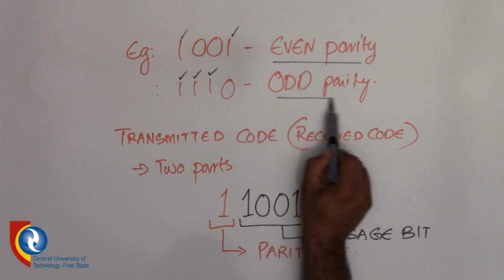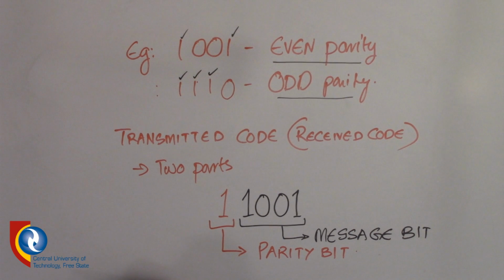Now, we spoke about transmitted code in the explanation of the Hamming code. The transmitted code or the received code has two parts. Here, I have split them into two. The message bit is 1001 and the one which is shown in red is the parity bit.